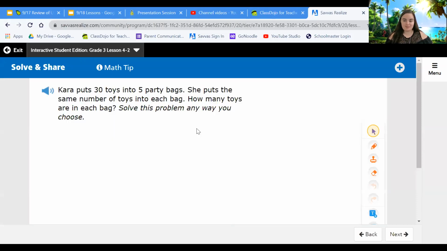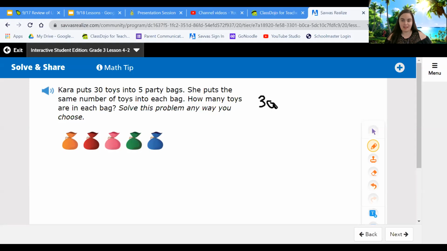In today's solve and share, she's asking us, Kara puts 30 toys into 5 party bags. Okay, so 30 toys into 5 bags. We can write that down as 30, because that's how many toys we have, dividing them into 5 bags. We don't know what the answer is yet.